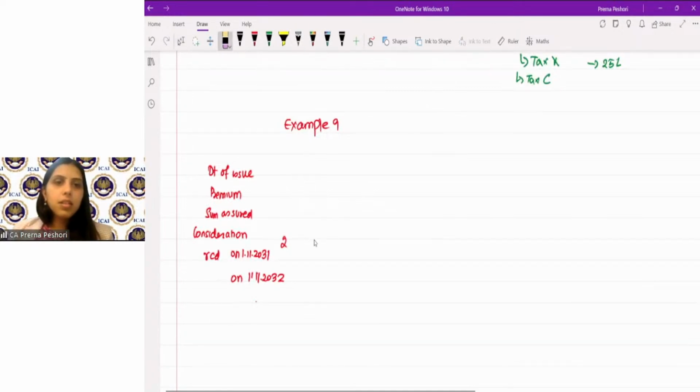Example 9. Date of issue, let's say I have X, A, B, and C. Right? X, A, B, and C. And let's say I have one more, Y also.